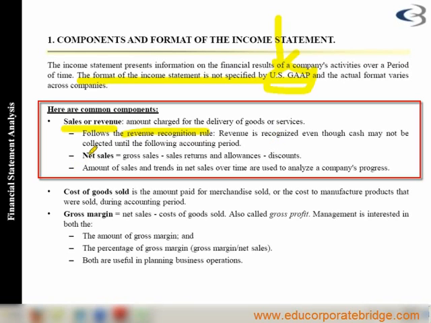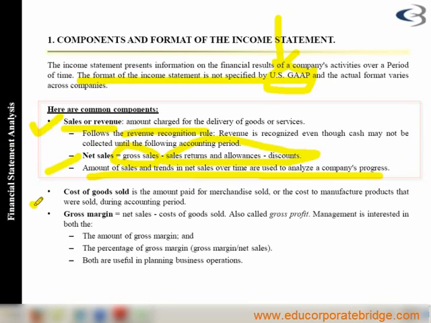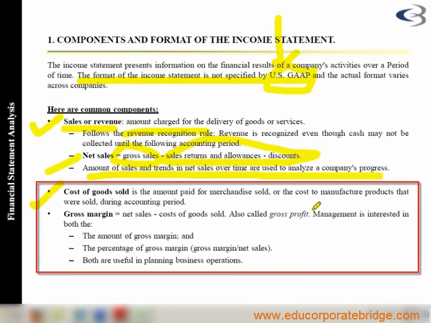There's always a possibility that some goods are returned. So sales would effectively be whatever goods you're selling minus sales return minus discount. So that's my net sales. The amount of sales and trends in net sales over time are used to analyze a company's progress. Cost of goods sold is the amount paid for merchandise sold or the cost to manufacture the product that was sold during the accounting period.